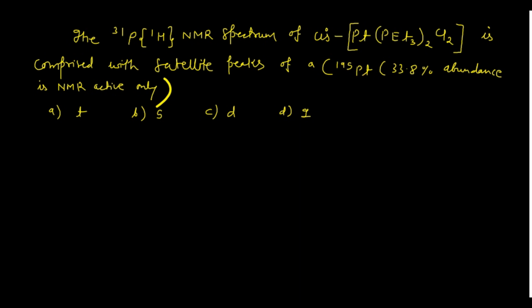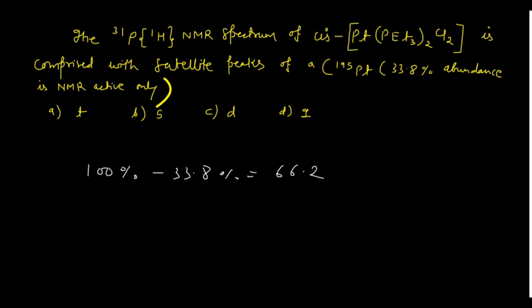So how do you solve the problem? You see here, I can write, if you take the 100%, and out of this 100% you subtract 33.8 percent, then you are left with 66.2.